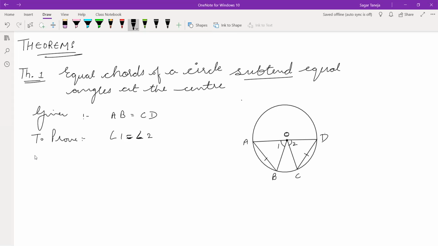After that, no construction is required. Start with the proving. And the proof is so easy. Just take the two triangles, triangle AOB and triangle COD, and do the congruency, which you all know much better. You have given the exam also. Now, I'm saying that AB and CD are equal as it is given in the question.